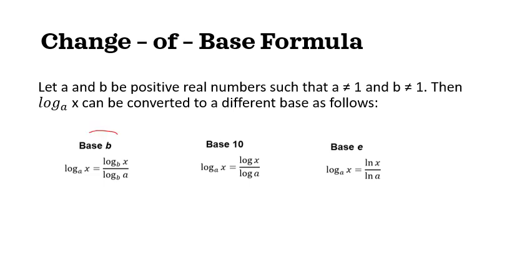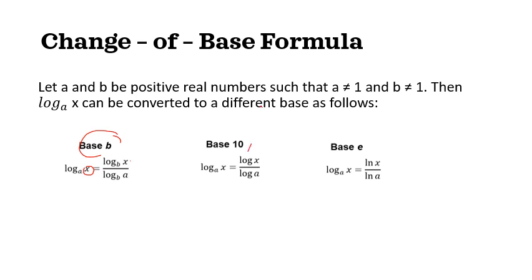If we have base b, this is how you will do it. Log x base a is equal to log x base b over log a base b. You just simply copy the base and then change it by using x as the numerator, and then a will be the denominator.